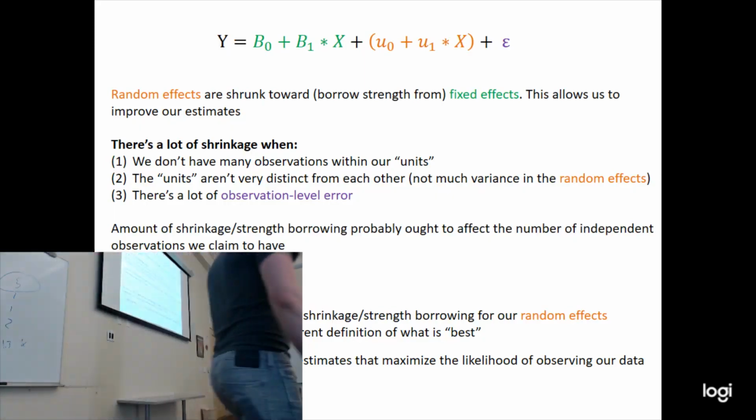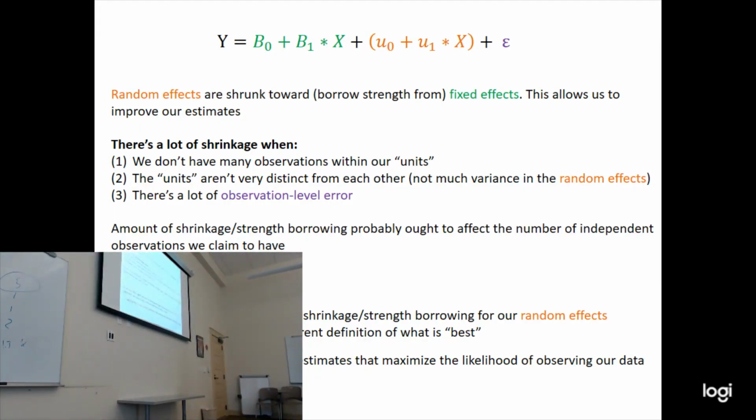One of the most typical ways to do this uses a definition of best that ought to be familiar to you, and that is finding the estimates that maximize the likelihood of observing our data. We talked about maximum likelihood estimation back when we talked about dichotomous outcomes.